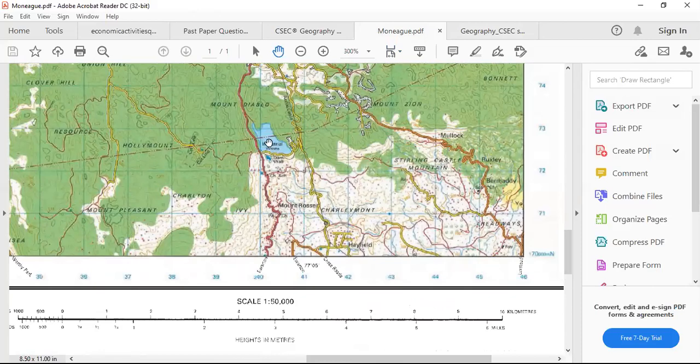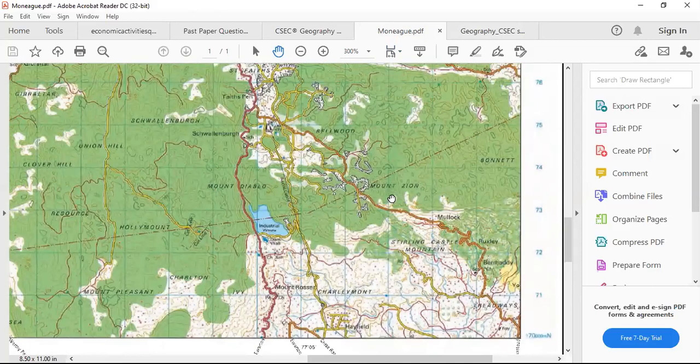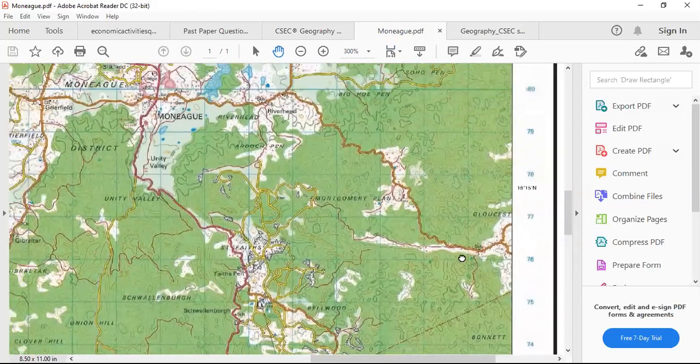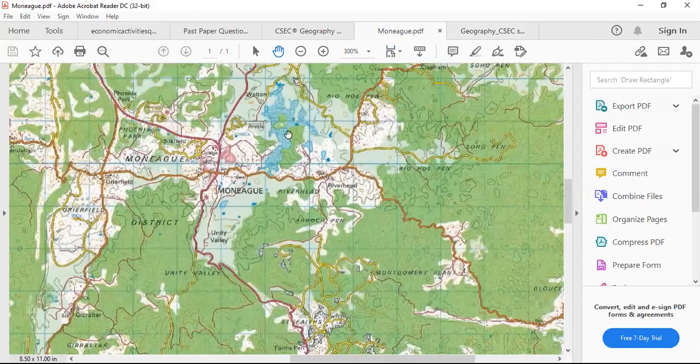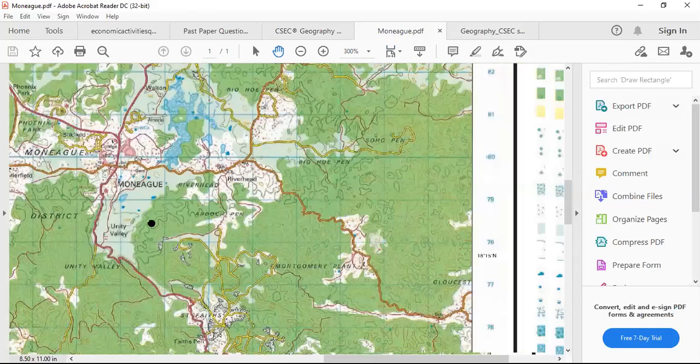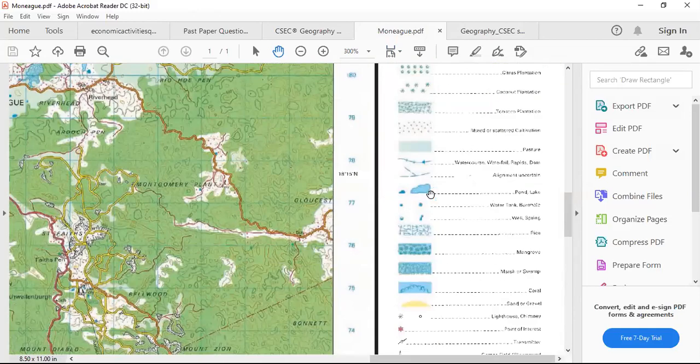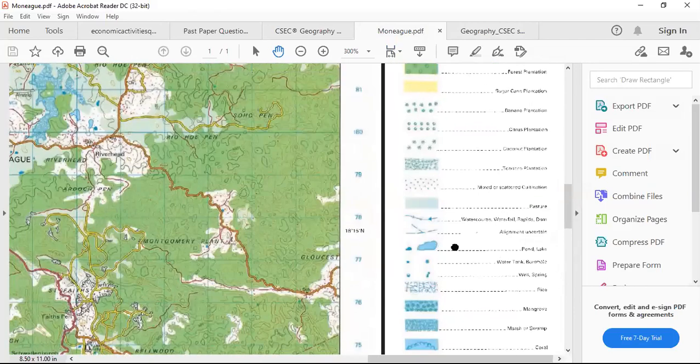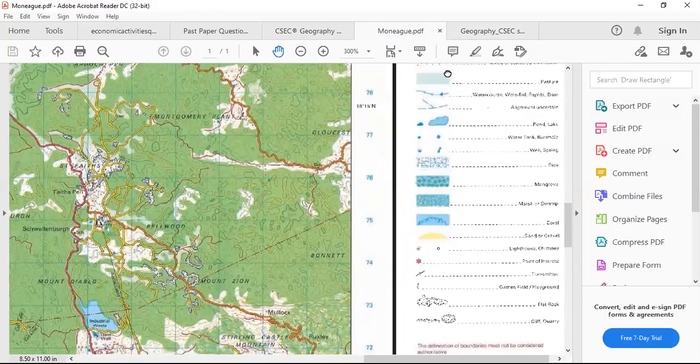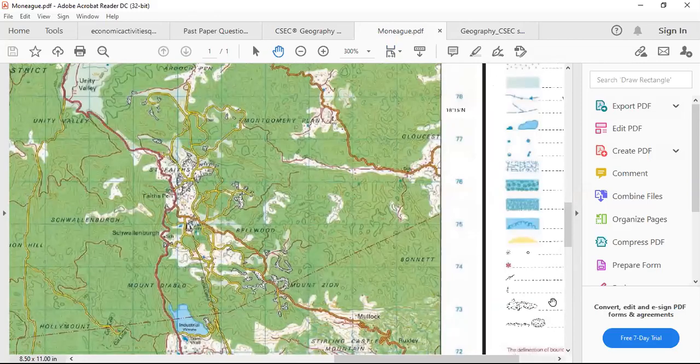Southeast, you see that? If you look in these little blue areas, I think this would be marsh or swamp and ponds. So that is what they were talking about. You see it here in the key, pond. So look in your key and you'll see the answers.